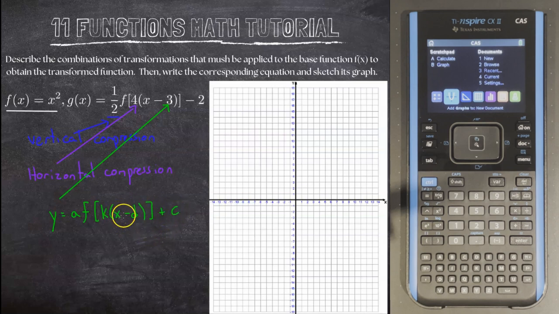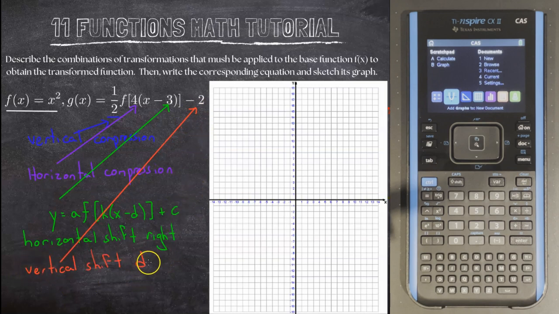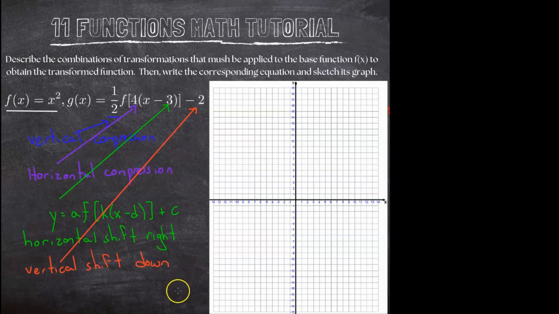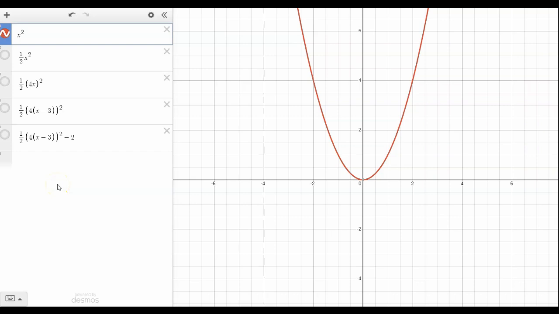So because in our formula we have x minus d, the value of d is actually +3. So that is a horizontal shift to the right, 3 units. And finally, this -2 is a vertical shift down 2 units.